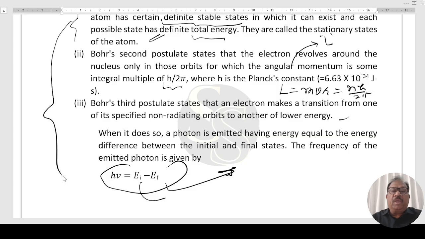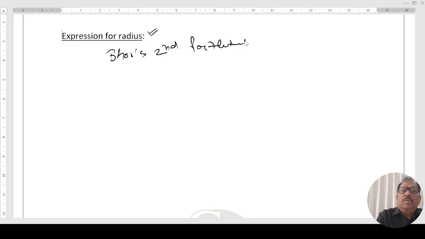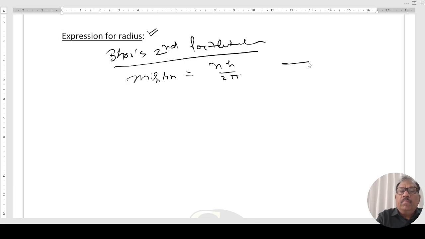Now, to find the expression for radius. Bohr's second postulate states that angular momentum is quantized, that is m Vn Rn is an integral multiple of h over 2 pi.